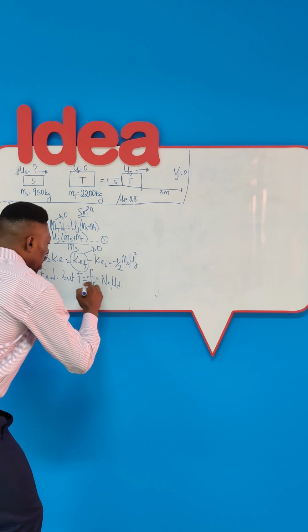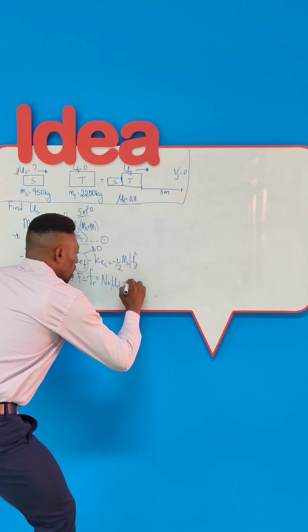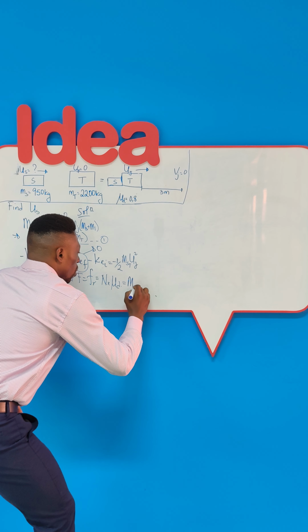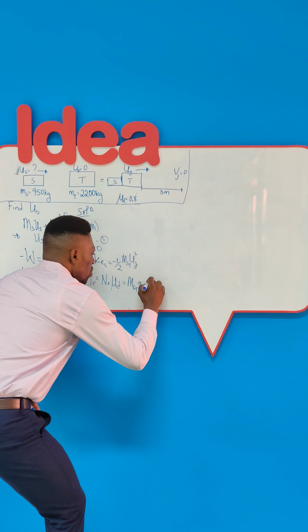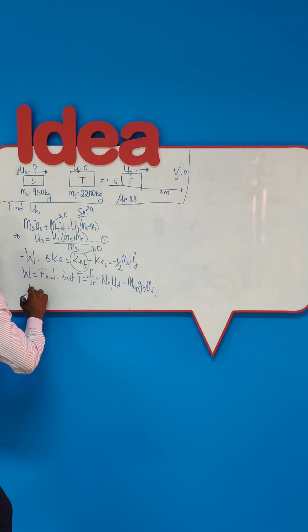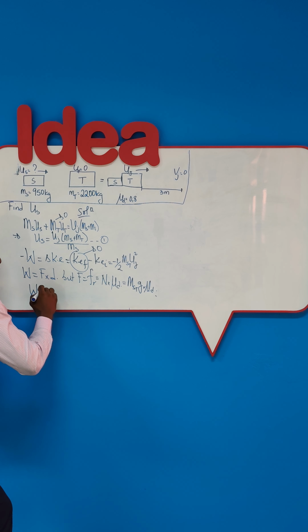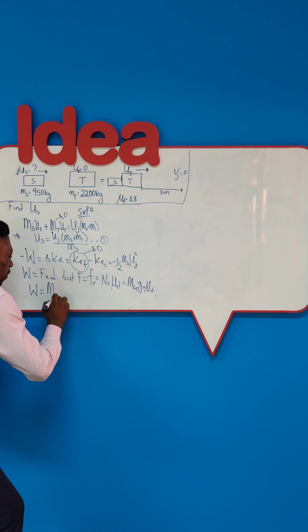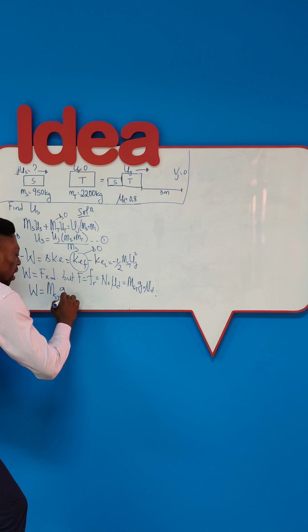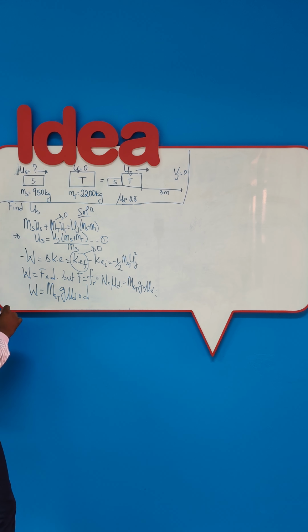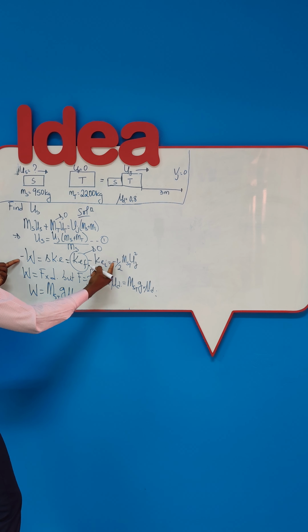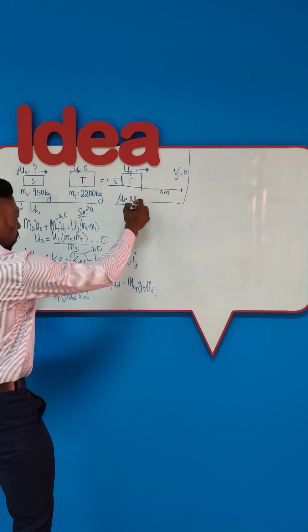So again, we can further do this: the mass of sports car and truck, g for this, times mu d. So at the end of the day, the work done is going to be equal to the mass of truck and sports car, the gravitational acceleration, mu d, times the distance traveled. Now notice that there's a negative to the left and there's also a negative to the right, so both negatives are going to fall off.